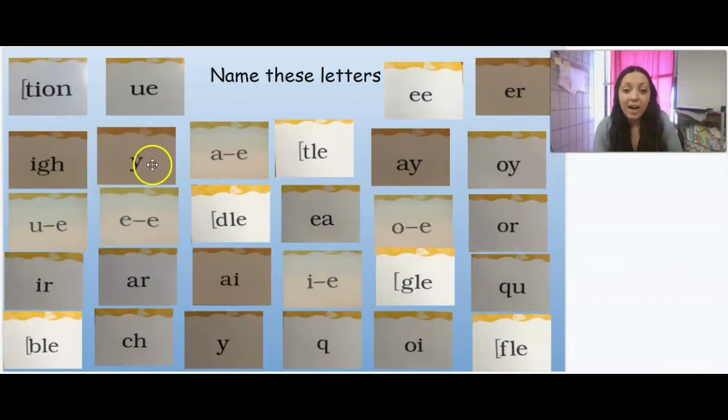It's got a dot, so vowel Y, A consonant E, final syllable T-L-E, digraph A-Y, diphthong O-Y, U consonant E, E consonant E, final syllable D-L-E, digraph E-A, O consonant E, combination O-R, combination I-R, combination A-R, digraph A-I, I consonant E, final syllable G-L-E, combination Q-U, final syllable B-L-E, digraph C-H, Y, Q, diphthong O-I, and then final syllable F-L-E.